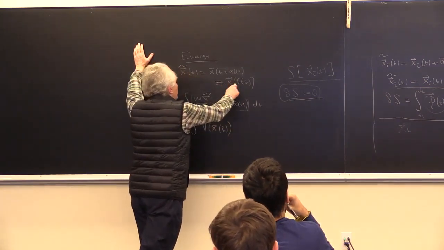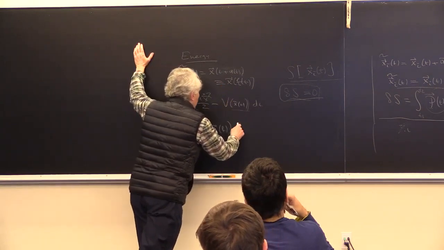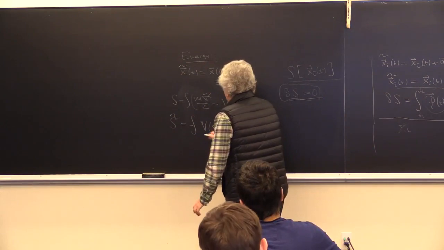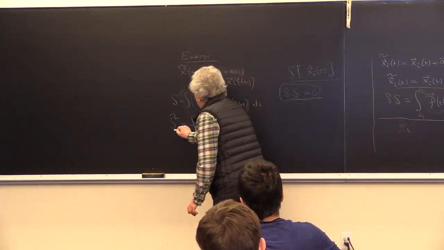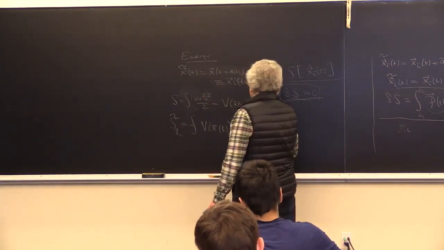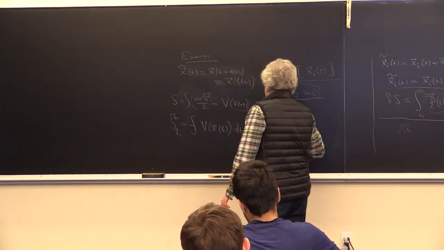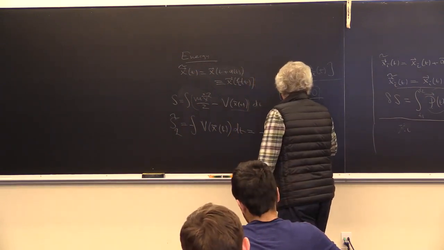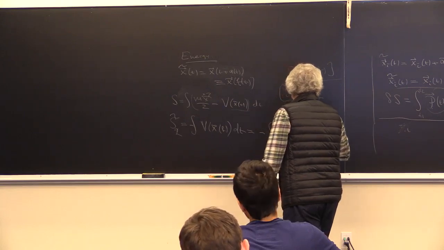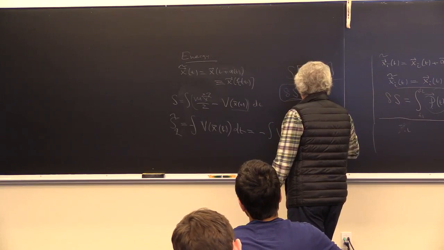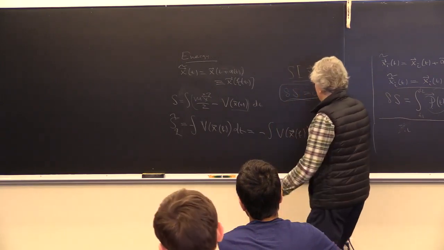We substitute it by this thing. We get dt, and we get, it's the second piece of the action, we get integral v of x of f, 1 over f dot dt. So the action naturally changes.